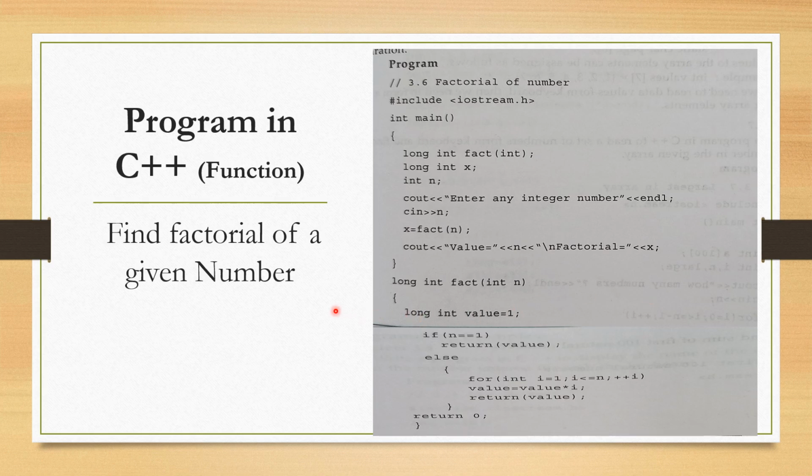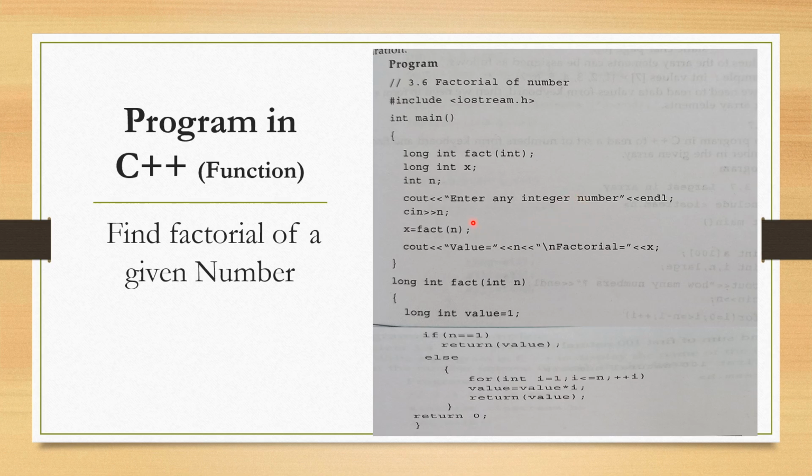Here we have used a function. Find the factorial of a given number. That also we have learned in our class 11 C++ class. Just to review it, you see here we have defined factorial, long integer x, integer n. Enter any integer number.